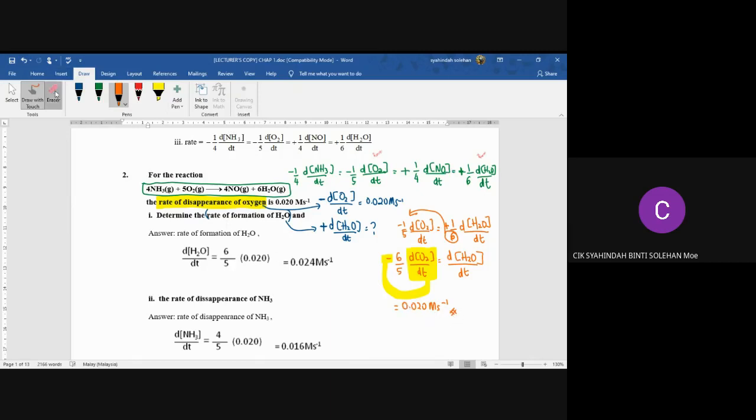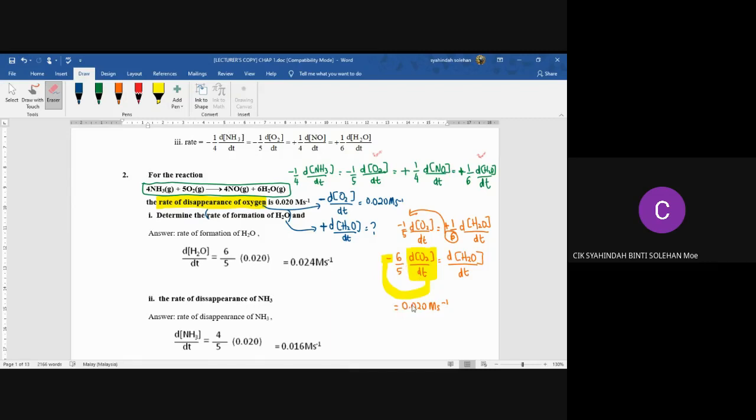Sorry, tak habis lagi. Okay, and then next, what's next? So sekarang ni you buat je lah 6/5 you kalikan dengan 0.02 sebab dah kat sini 6/5 kalikan terus dengan 0.02. Mana negatif tu hilang sebab negatif ni termasuk di dalam definition rate of disappearance of oxygen. So negatif ni termasuk dalam definition rate of disappearance of oxygen, that's why you tak perlu letak negatif kat depan pun, that's why negatif dia hilang, faham tak?